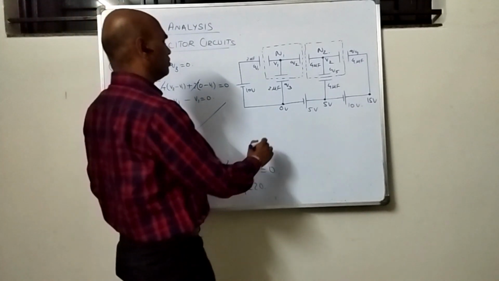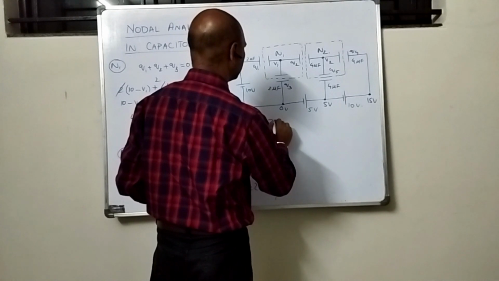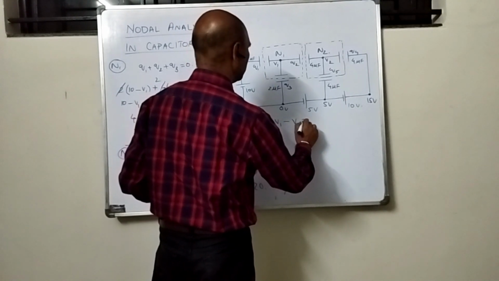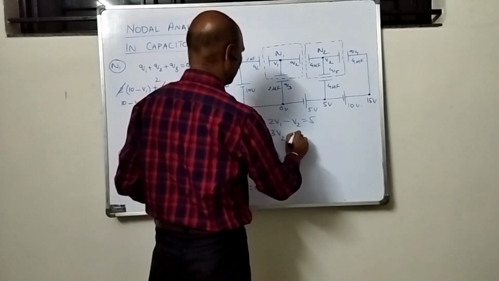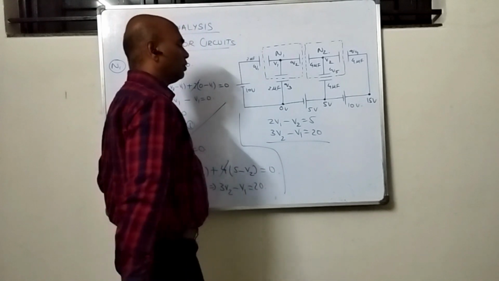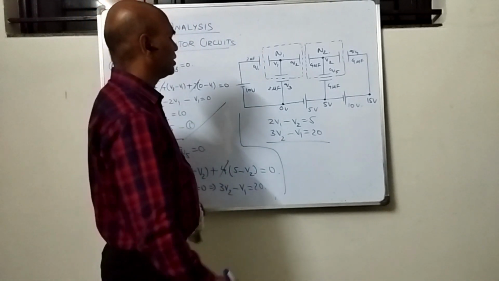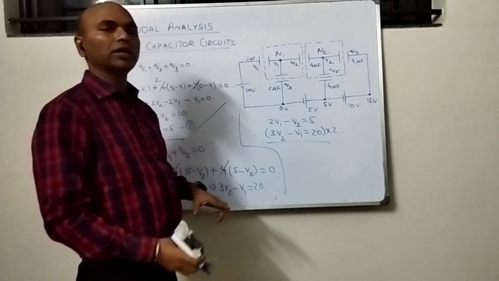So we can simply now solve the two equations. I got 2V1 minus V2 is equal to 5 and 3V2 minus V1 is equal to 20. So now to make the cancellation, let us make a multiplication of 2 for the second equation.